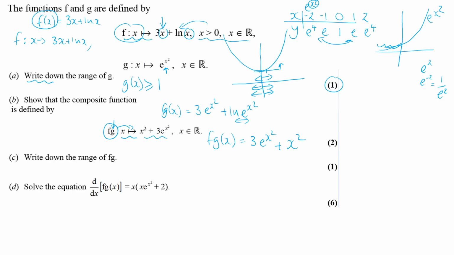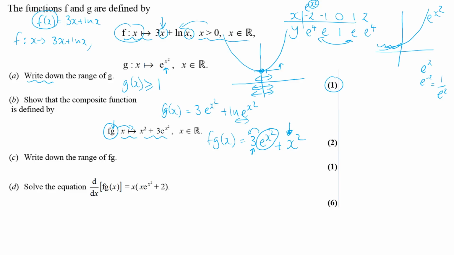Now it says write down the range of fg. Now we've already had a look at the e to the x squared graph. Now multiplying it by 3, if we just think of this point here, when x is 0, we're going to get e to the 0, which is 1, but multiplying it by 3, that's just going to give us 3. And then if we add on to that at that point, x squared, if x is 0, then it's still going to stay at 3, but for all the other points, adding on x squared is going to shift the graph up when we plot the y value.